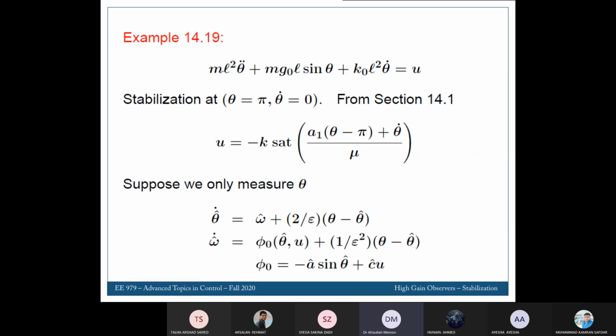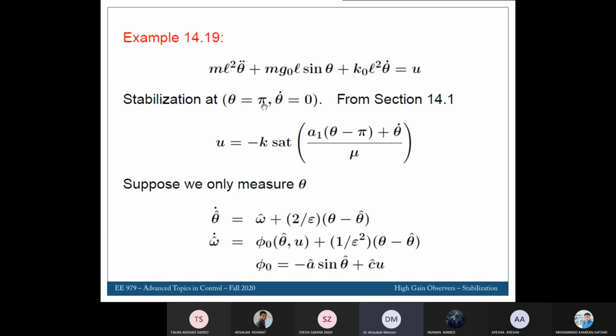Okay, this system is the pendulum equation, and for the pendulum equation given here, there's a requirement that we want the pendulum angle to be stabilized at a value pi.